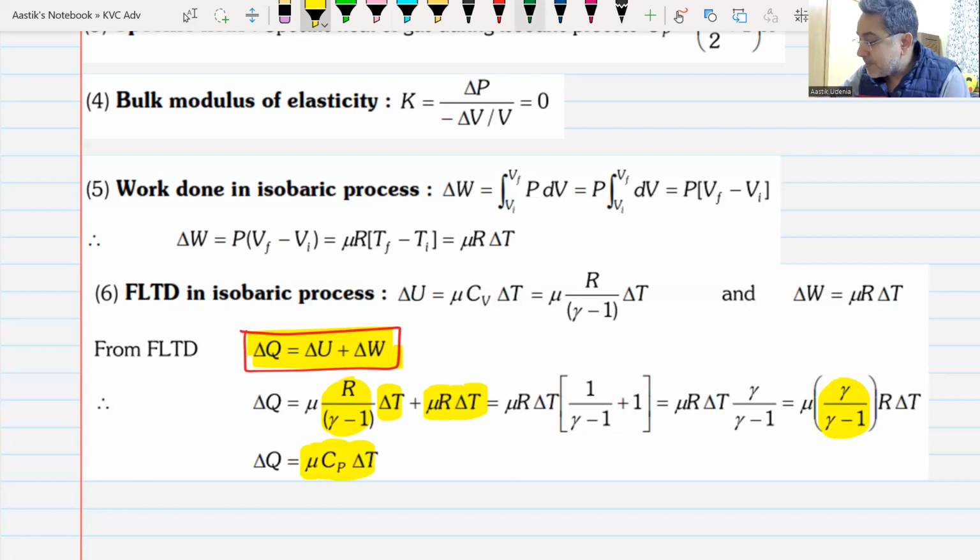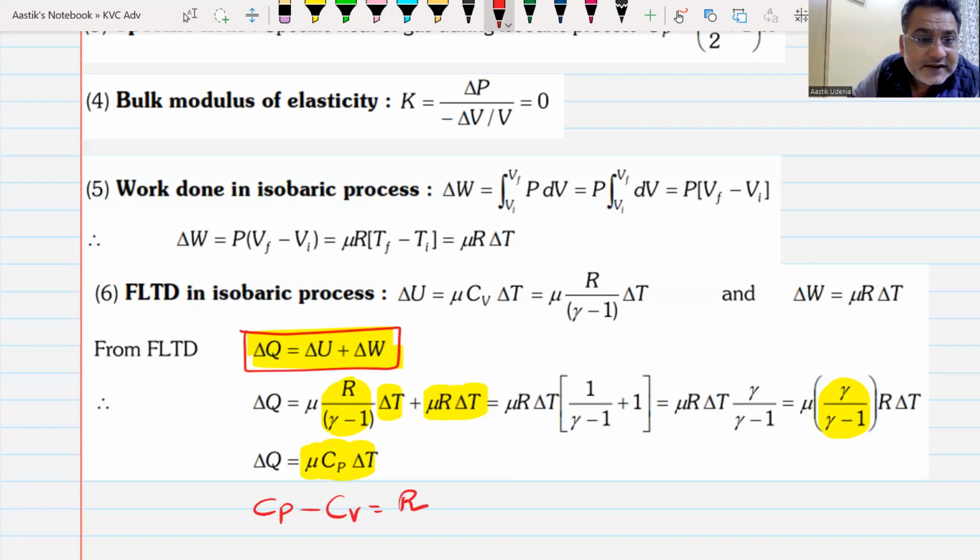So this equation gives us Cp minus Cv is equal to R. Do we understand this? You do it in any way, you will always get Cp minus Cv is equal to R.